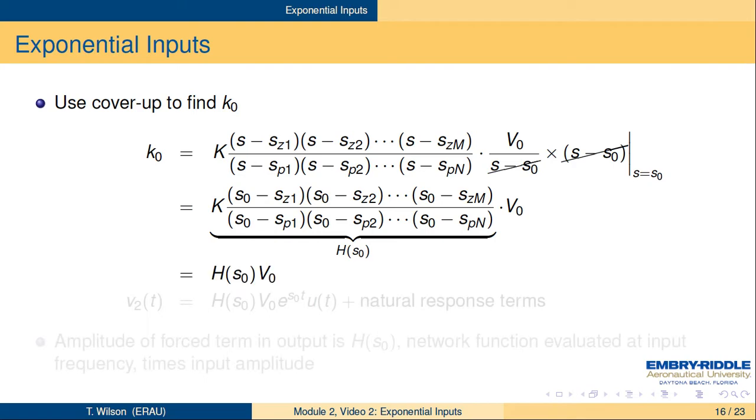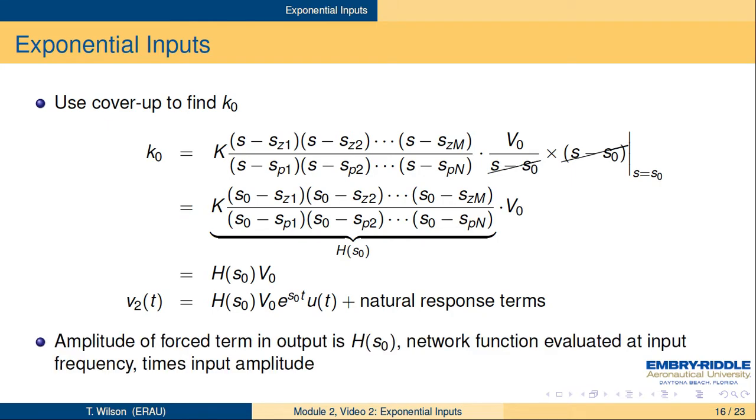So the input was an e to the s naught t exponential. There's going to be an e to the s naught t exponential in the output, and its amplitude is its own amplitude scaled by H of s naught. The amplitude of the forced term in the output is H of s naught, the network function, evaluated at the input frequency, times the input amplitude.